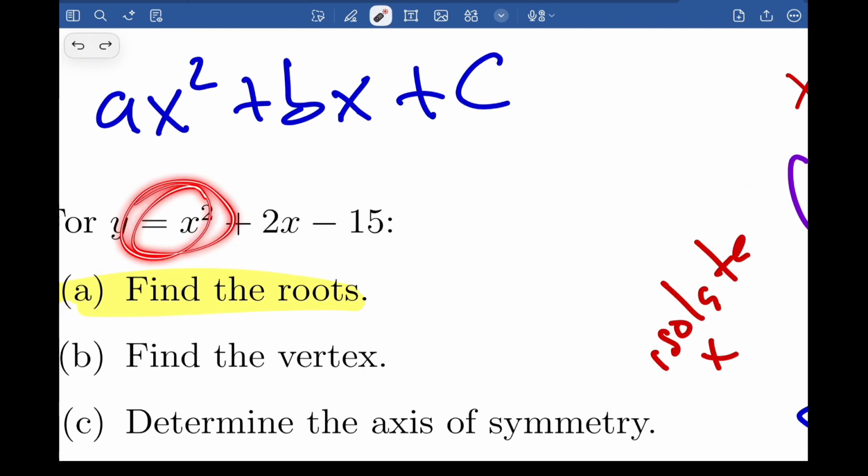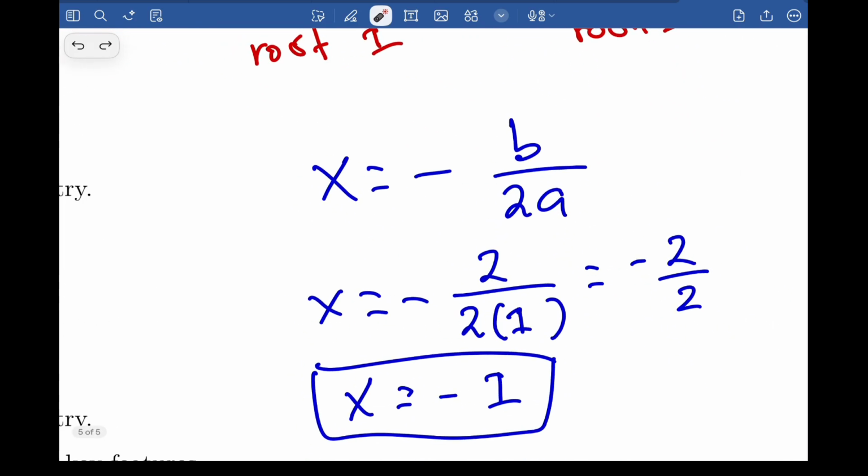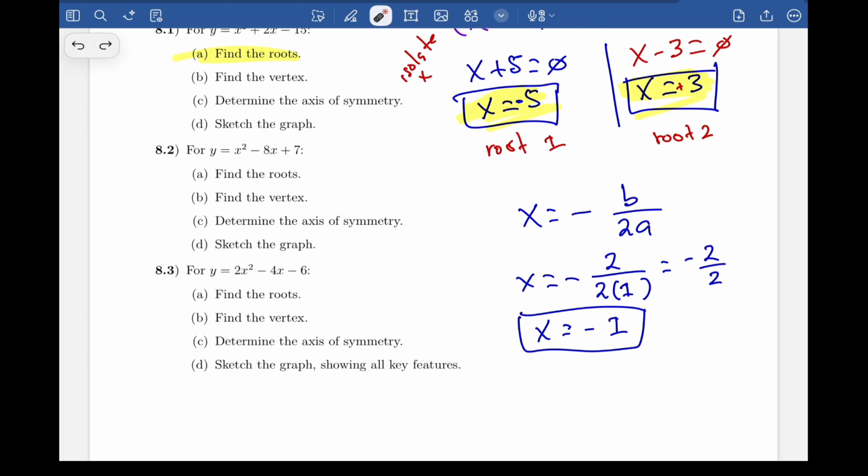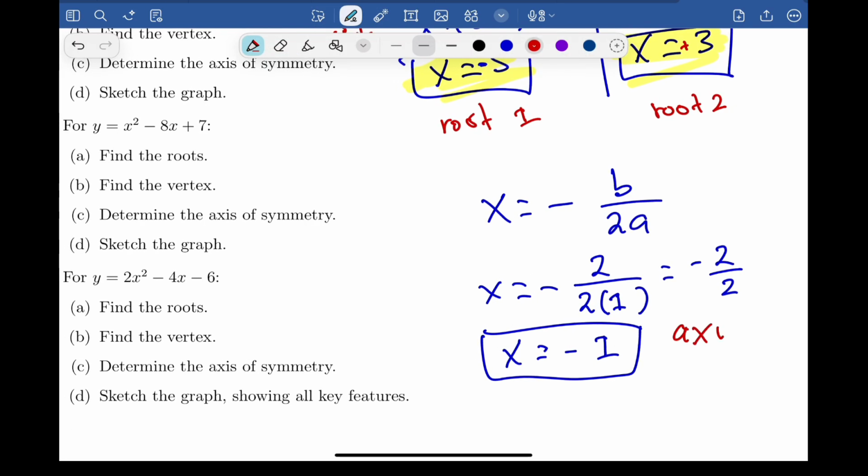Here we have an invisible 1. So by doing this, we have negative 2 divided by 2 times 1. So this is a negative 1. What is the meaning of this? This is the axis of symmetry.